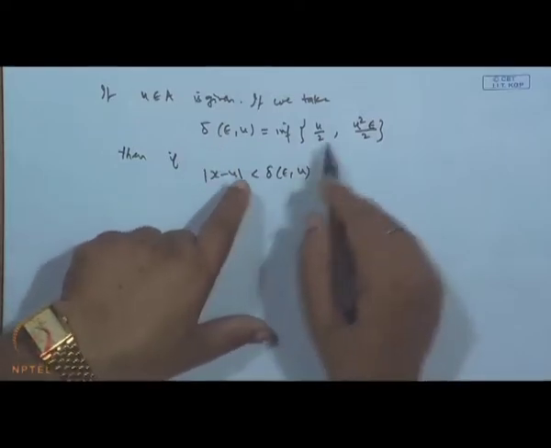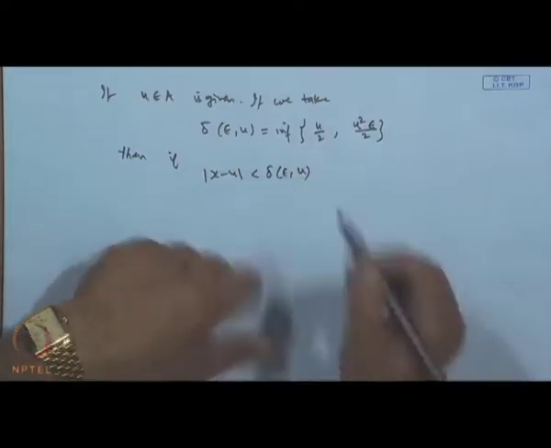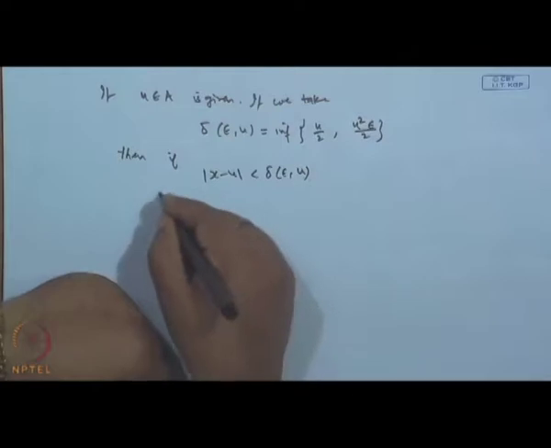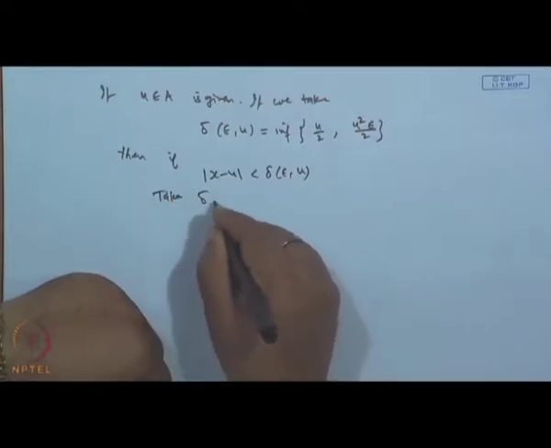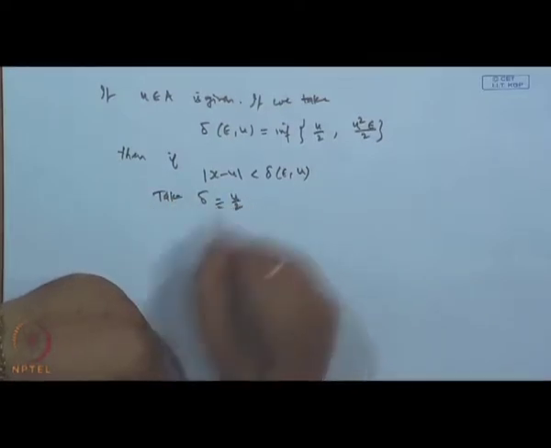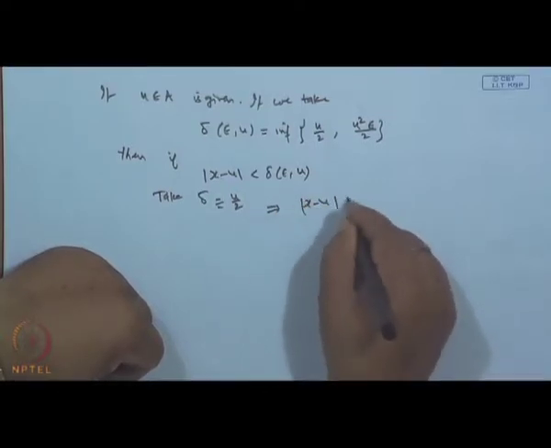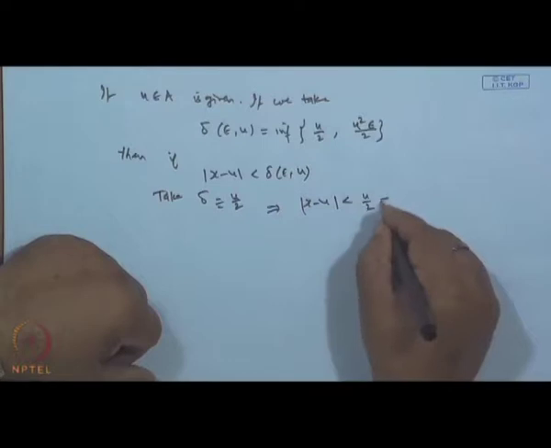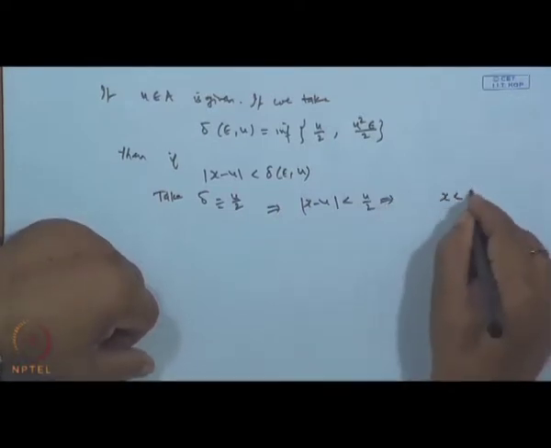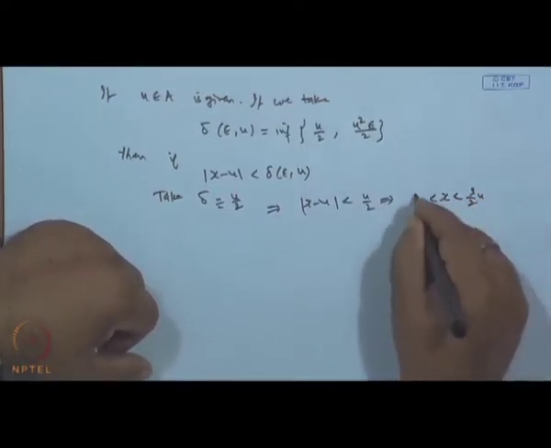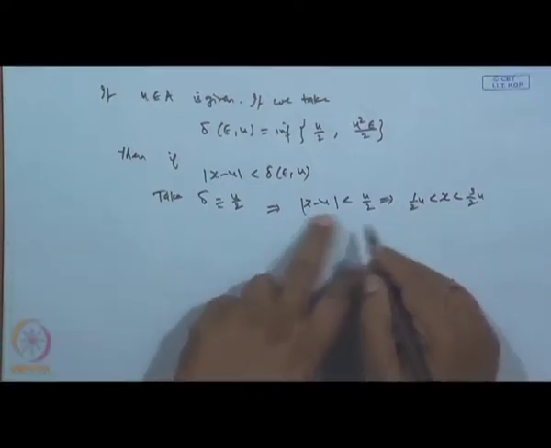Suppose first it is less than u/2, so take delta as u/2. This shows that |x minus u| is less than u/2, which implies that x lies between 3u/2 and u/2.